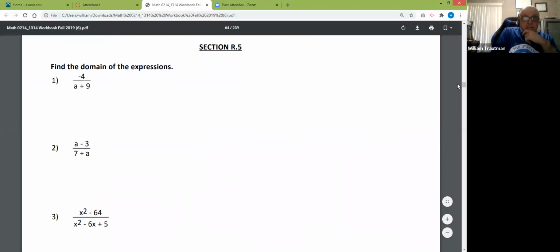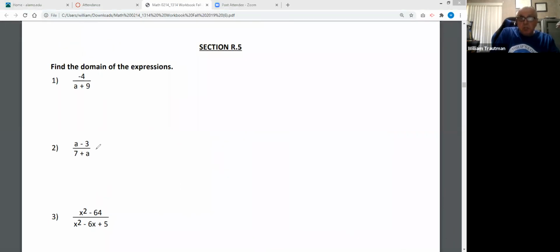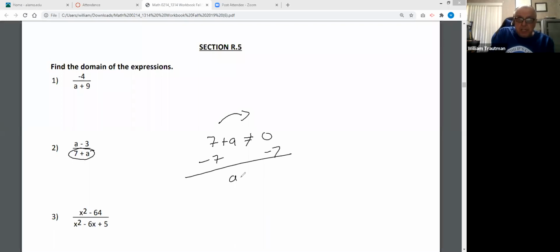So number 2. I'm going to say the bottom. Once again, it doesn't matter about the top. The only thing we can't have is the bottom equal to 0. 7 plus a cannot equal 0. If I take 7 to the other side and subtract 7, I get a cannot equal -7.